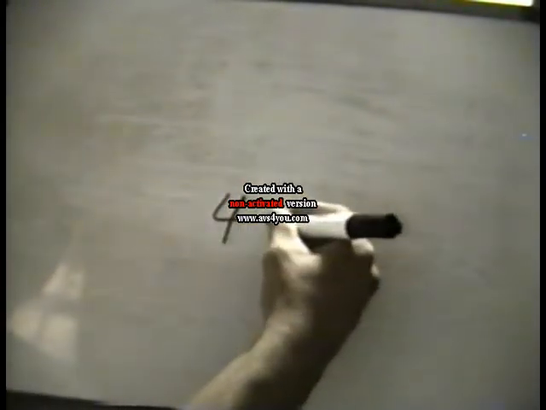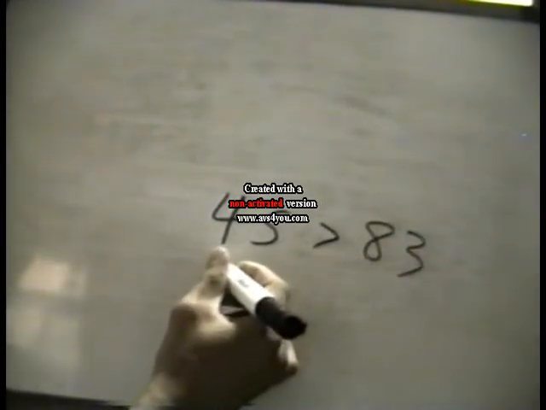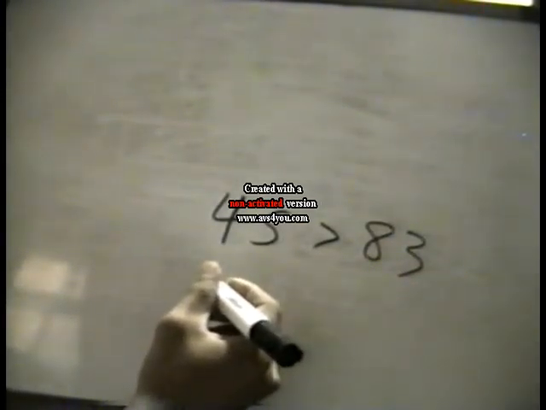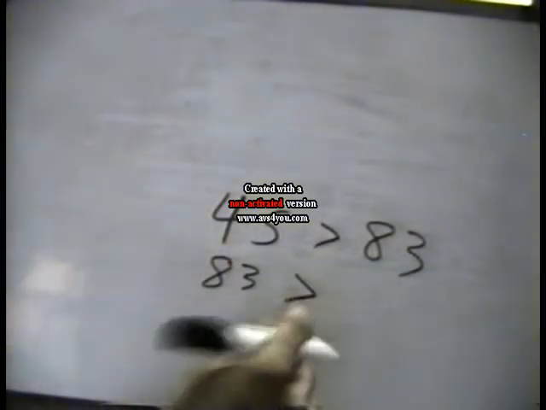So now I want to show you what happens if we subtract a greater number from a smaller number. We just subtracted 45 from 83. 45 is less than 83. Okay?